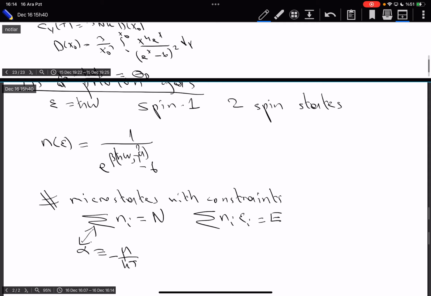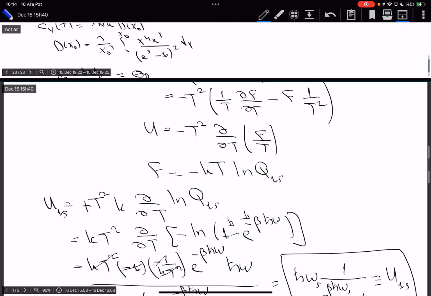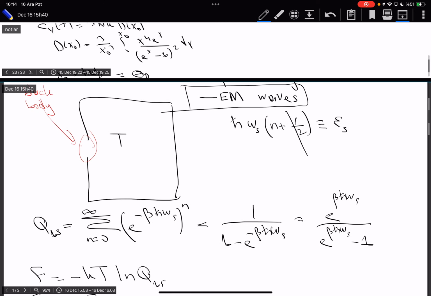Now, another way of seeing that the chemical potential has to be 0: in this problem, we are looking at a system at a fixed temperature. The system can do anything it wants.